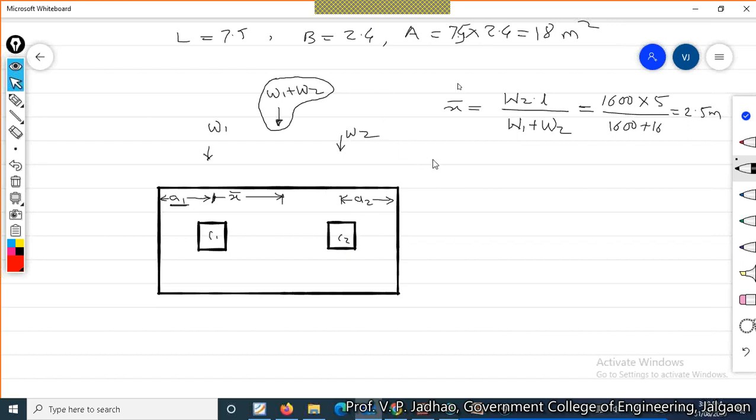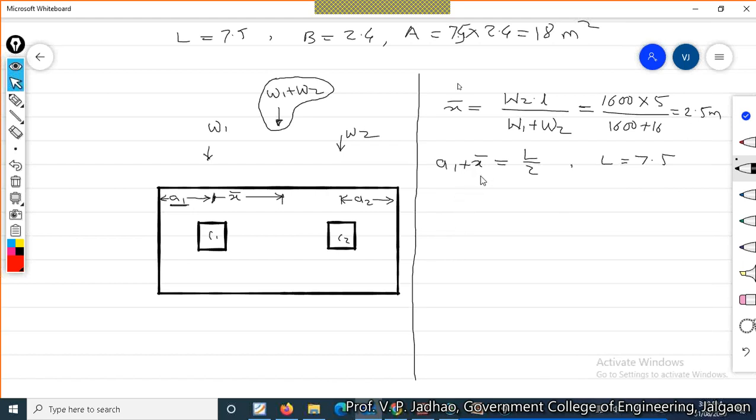We already have these equations for A1 and A2. We have A1 plus x bar is equal to L by 2, where L is equal to 7.5 meter.